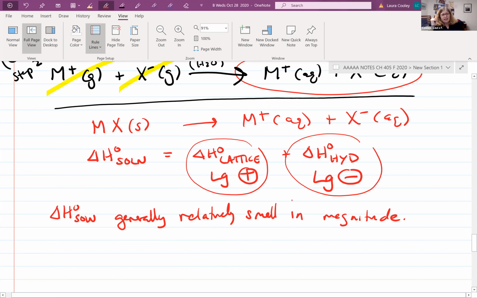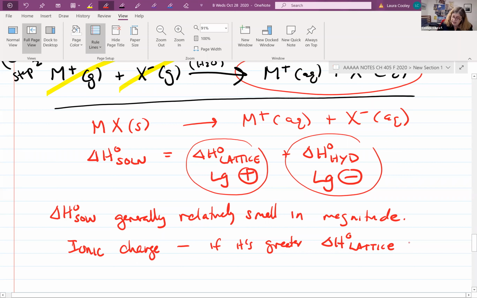And another thing is that the type of thing that would make for a larger lattice enthalpy, like if you had a greater charge on the ion, that would also make for a greater hydration enthalpy. So I would say that if ionic charge is greater, then the delta H lattice is greater, but so is the magnitude of the delta H of hydration.